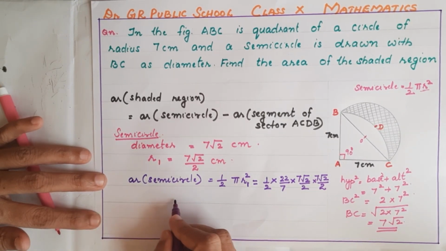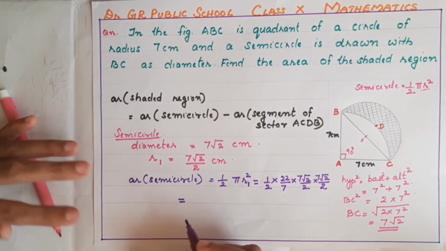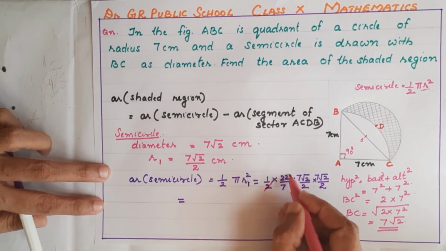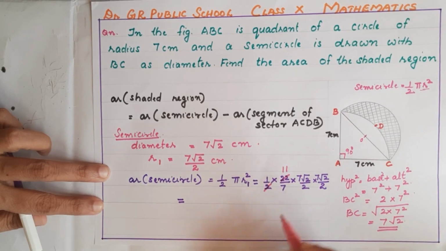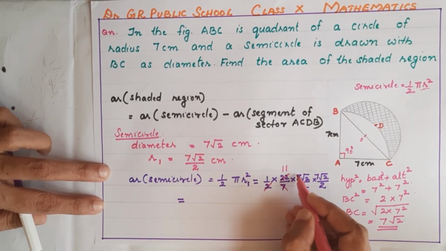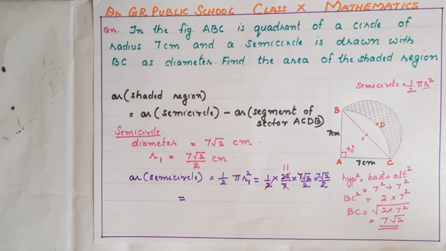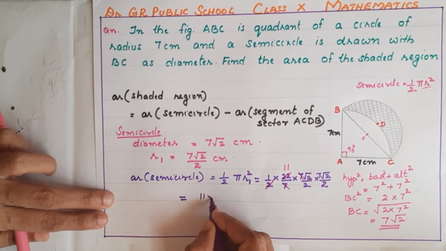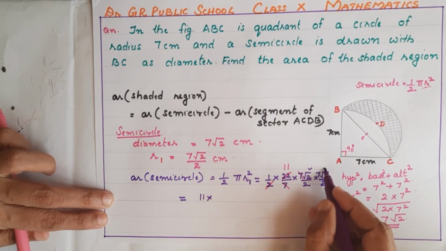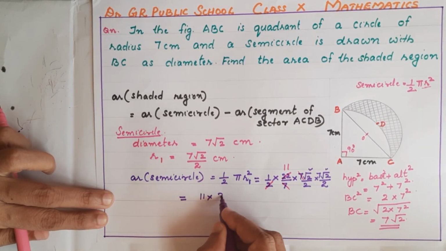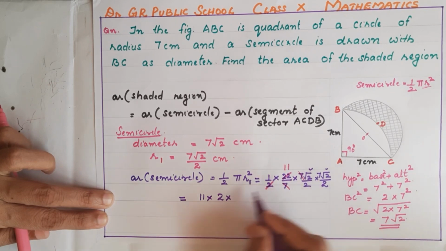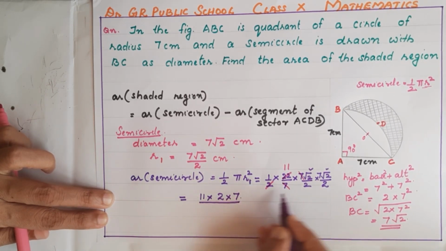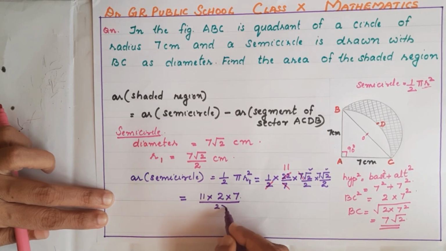Okay, now it is equal to, now simplification. 2 and 22 we can cancel, 11, then 1, 7 we can cancel. Now what all remaining? Okay, 11 into root 2 into root 2, 2, into then 1, 7 we have, by again 2 into 2.